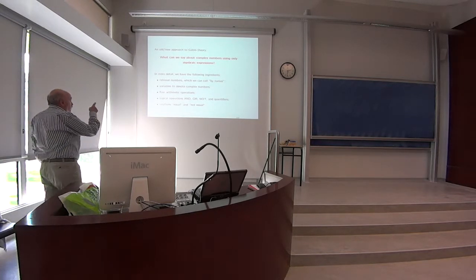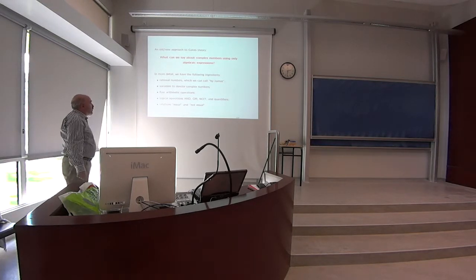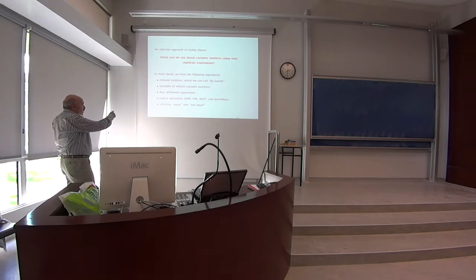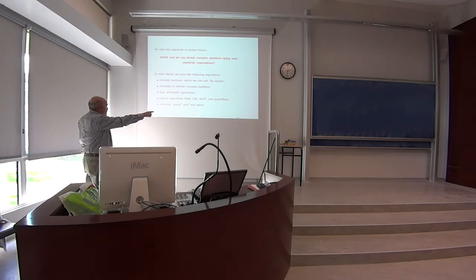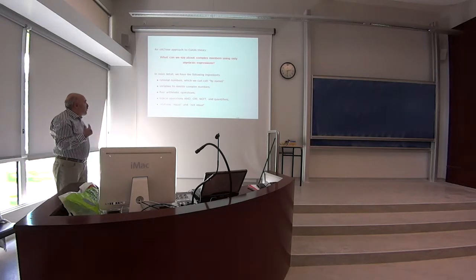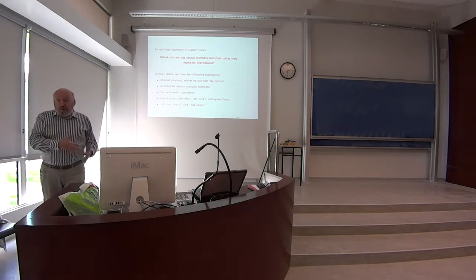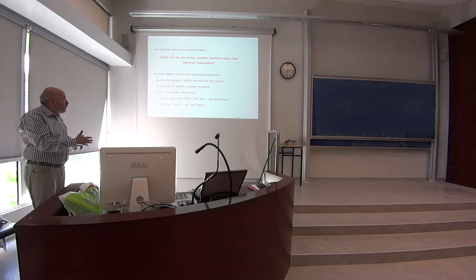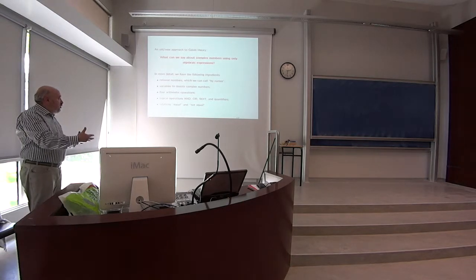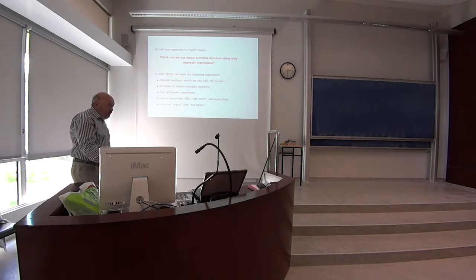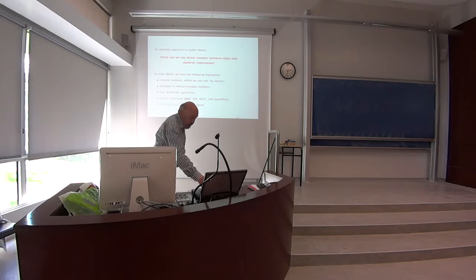So we have first of all rational numbers, 4 arithmetic operations, variables to denote complex numbers, logical operations, quantifiers, and the only relation equal. And also because of the negation, we can express not equal.